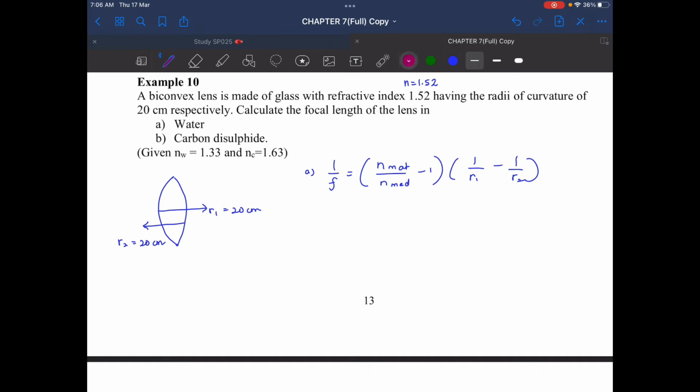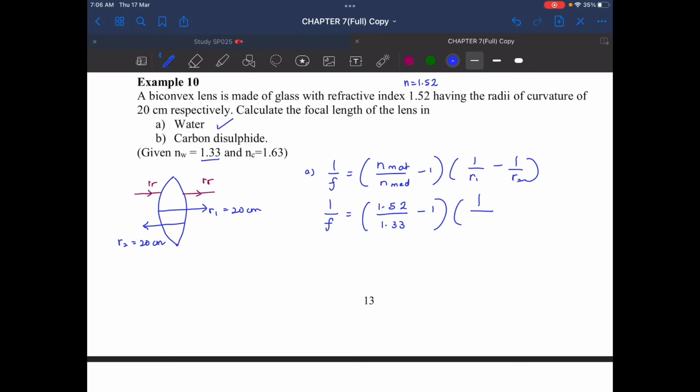Okay, so you draw the R1 ke sini, R2 ke sana kan. Okay, so you put it in the equation lah. Nak cari focal length kan, 1 over F. Okay, so the material is 1.52 and then the first medium is water which is 1.33. And then sign convention hanya untuk radius saja untuk this equation.